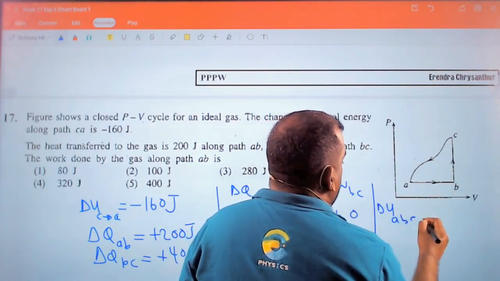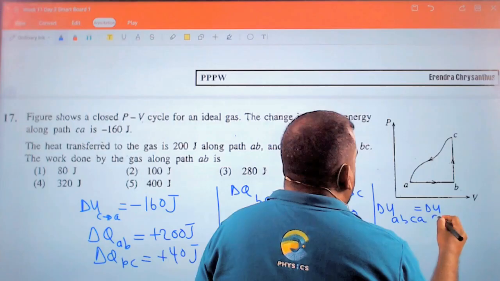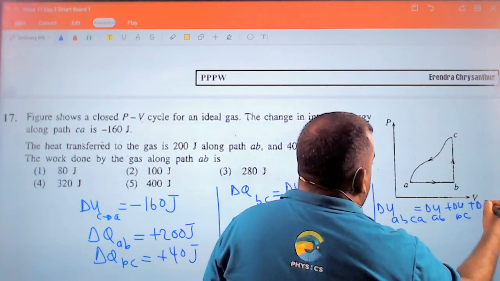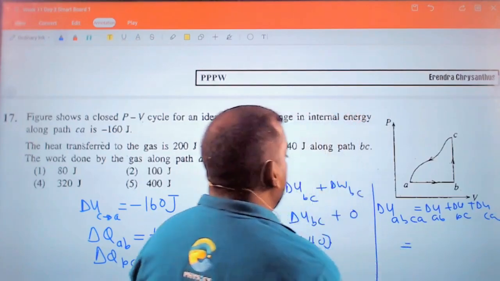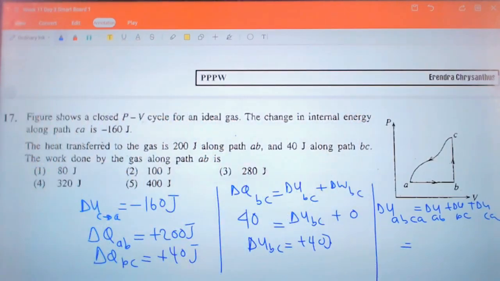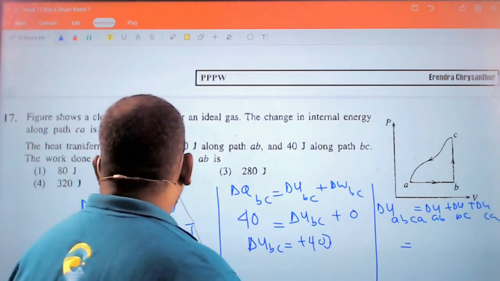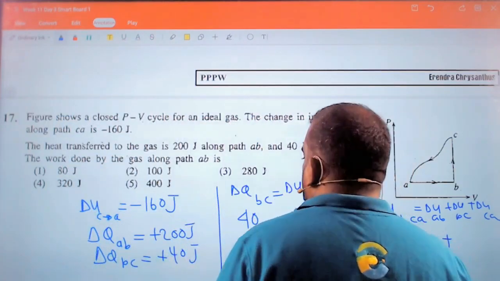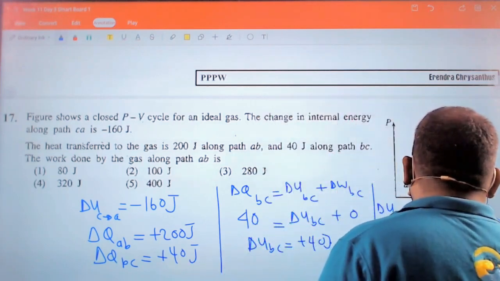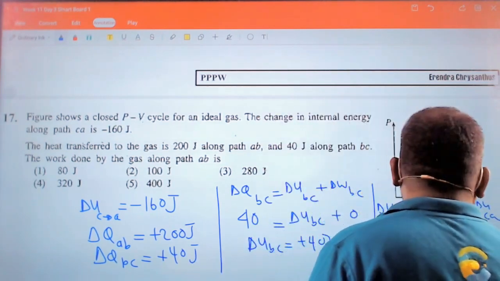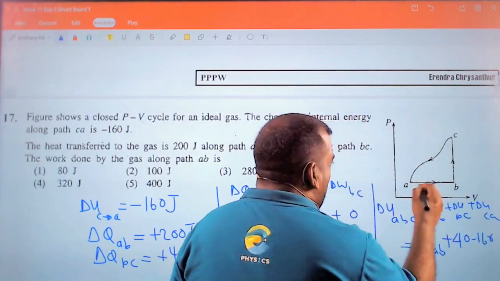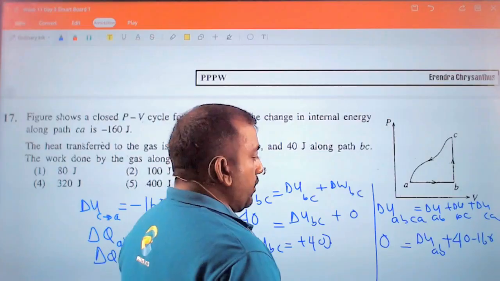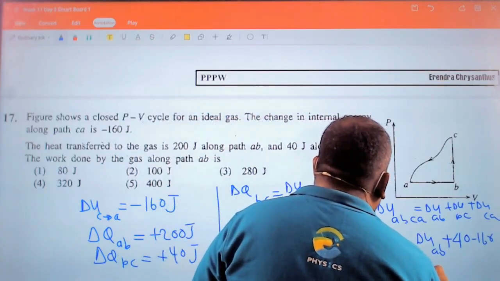Delta U for the cycle is delta U AB plus delta U BC plus delta U CA. Delta U AB we don't know, delta U BC is 40, delta U CA is minus 160. Starting and finishing at the same point, the internal energy change of the cycle is 0. So delta U AB is 120 joules.